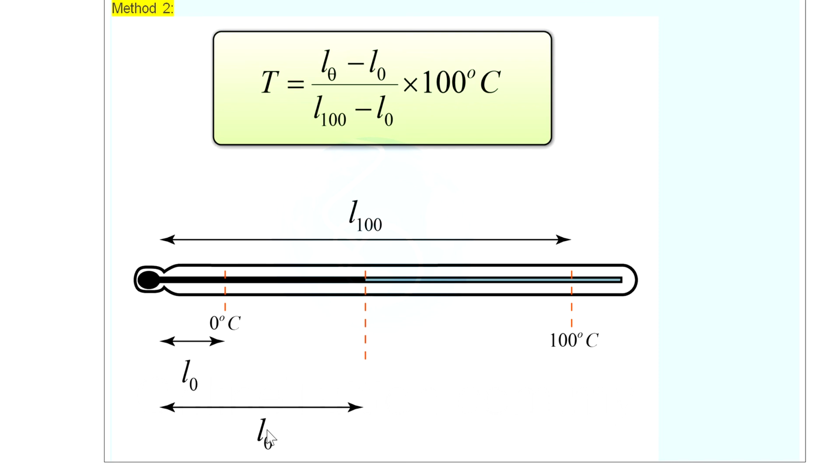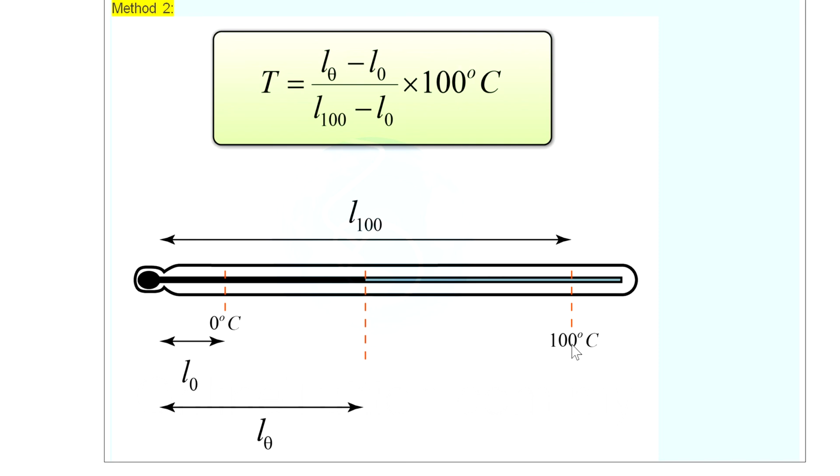Now we will write the formula. Unknown temperature equals L theta, the unknown temperature length, minus the length of the ice point, over the length of the steam point minus the length of the ice point, into 100 degrees Celsius, because it is 100 and it is 0. 100 minus 0 is 100.